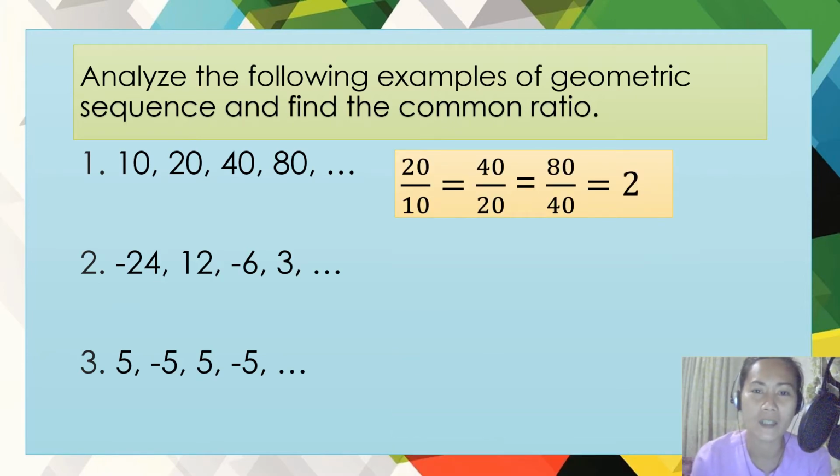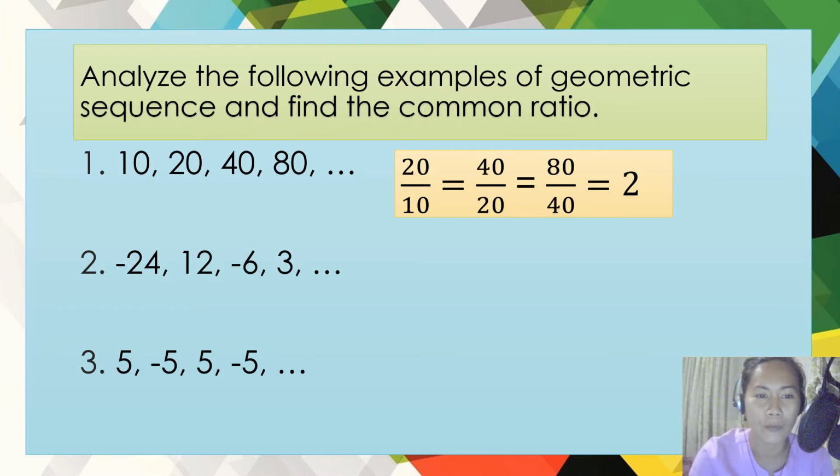By analyzing the terms of the sequence, you will note that dividing the second term by the first term, and dividing the fourth term by the third term, and so on, yields a common ratio. This is the ratio between one term and the previous term.